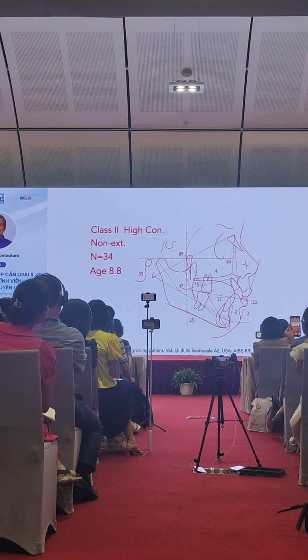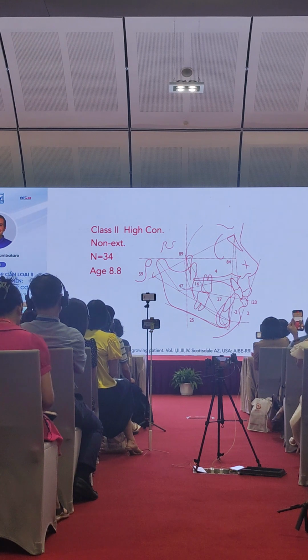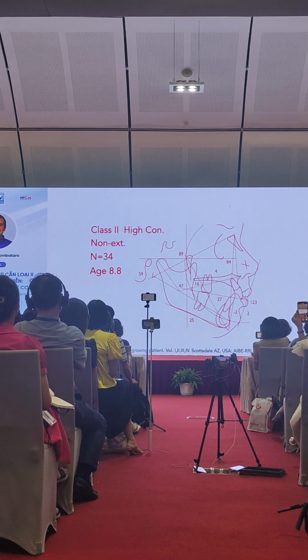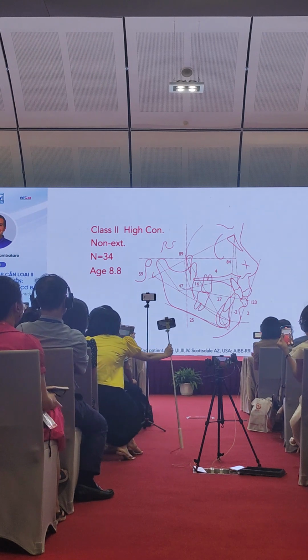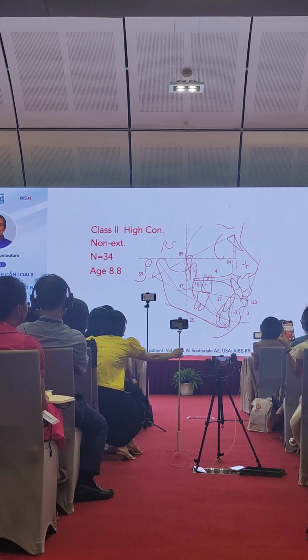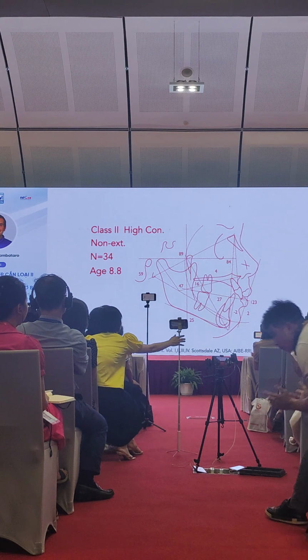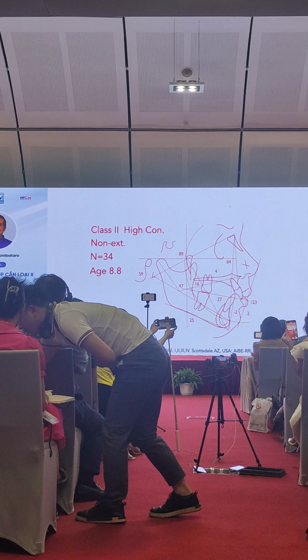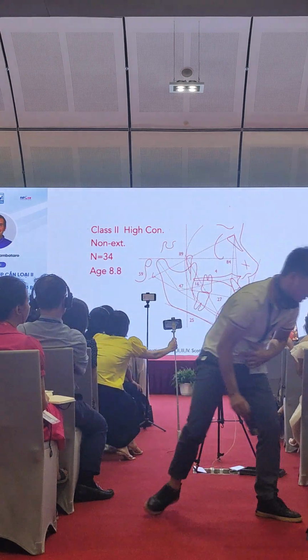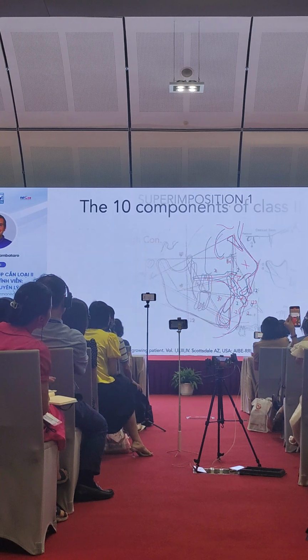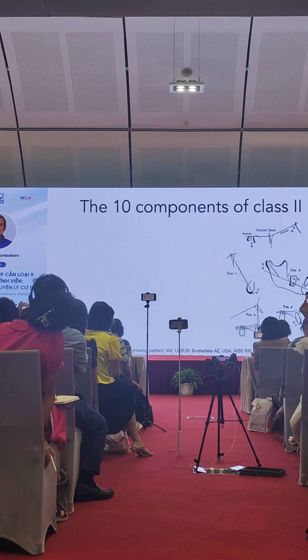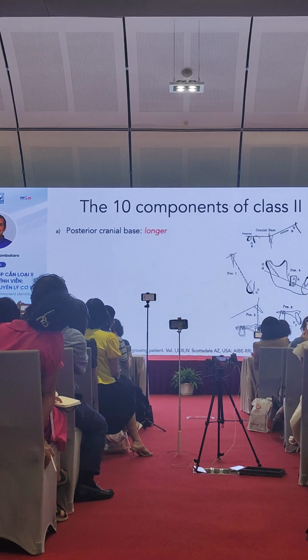And if we compare with these 34 patients at the same age, class 2 high convexity, we can underline the components of the malocclusion by the superimposition of these two composites. So, first of all, the posterior cranial base is longer in class 2.